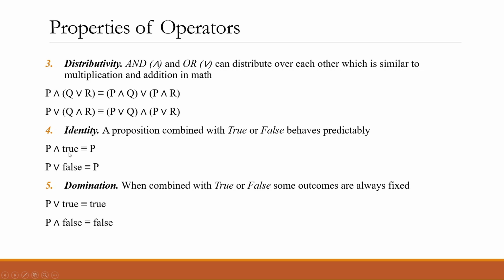So P and true is always the value of P, and P or false is always the value of P. Domination. When combined with true or false, some outcomes are always fixed. So P or true is always true because at least one of the propositions is true. P and false is false because at least one of the propositions is false.